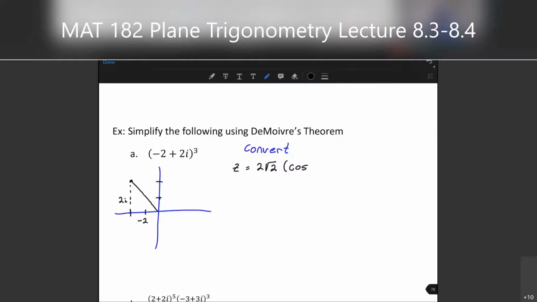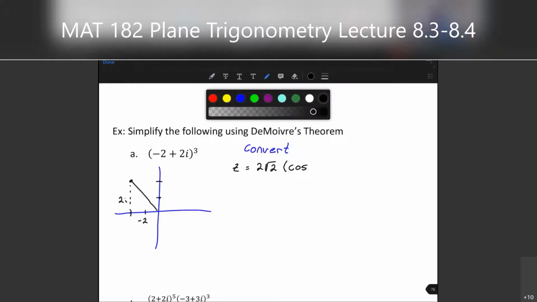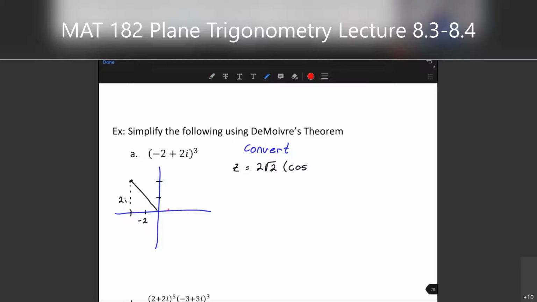Cosine, what is our argument for that same vector? What is the angle formed here? So the reference is 45. So this is 45, 45, but we are in the second quadrant. So we are looking for this angle right here. That's going to be our theta for that vector.